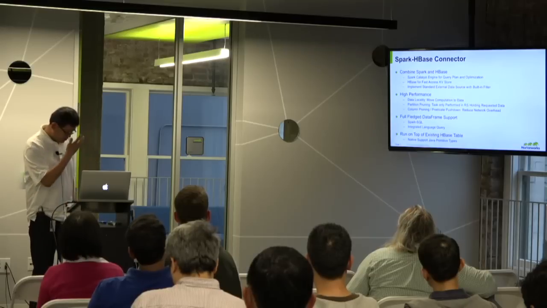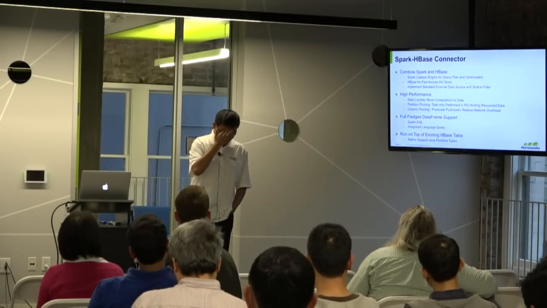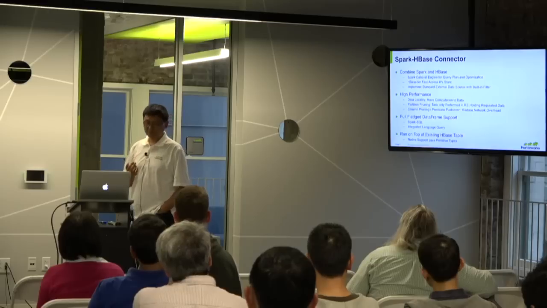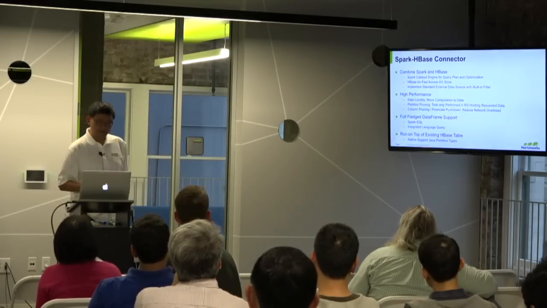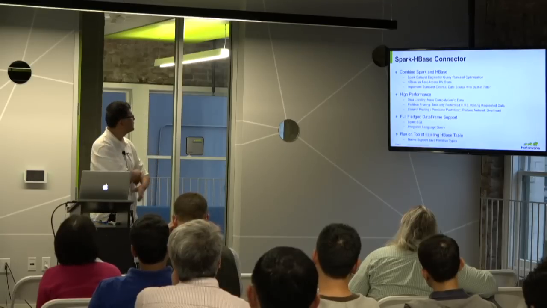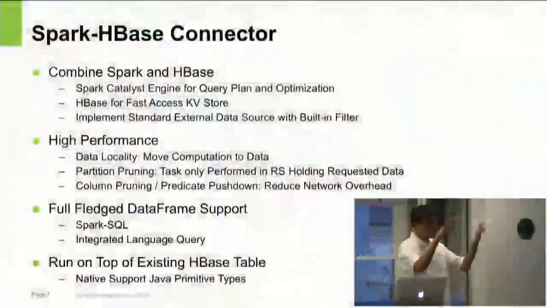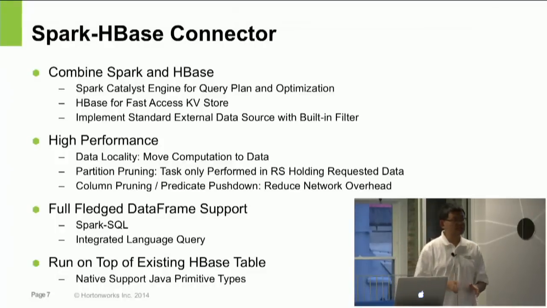Okay, that's the overall high-level introduction on the data frame and how to implement the external data source. Now we go into some detail on the Spark and HBase connector. We use the Catalyst engine for query planning and optimization, as in that picture. Actually, we only pay attention to the last piece, the buildScan part.